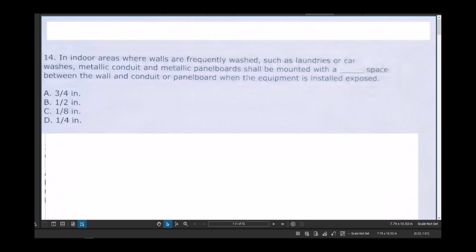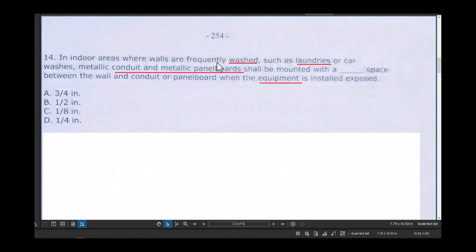The keyword here, we're looking for somehow wet locations related to laundries or car wash, and we're looking for equipment installation. If we highlight what we have here, we have washed, which means wet location for laundries, and we're looking for panel board or equipment installation.